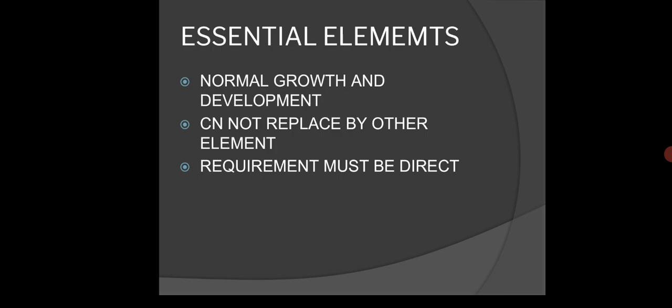If one element gets replaced by another and does the same activity inside the plant, then that is not called an essential element. So the essential elements cannot be replaced by other elements.